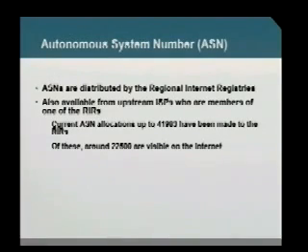Various people have made estimations as to when we will run out. That's probably going to be the next 3, 4, 5 years, just depending how quickly AS numbers are used up. But I would say within the next 5 years we would have exhausted the 16-bit pool, and the 32-bit pool will start being used. Interestingly enough, of the 42,000 AS numbers that have been distributed to the regional internet registries, only about 22,500 are visible.